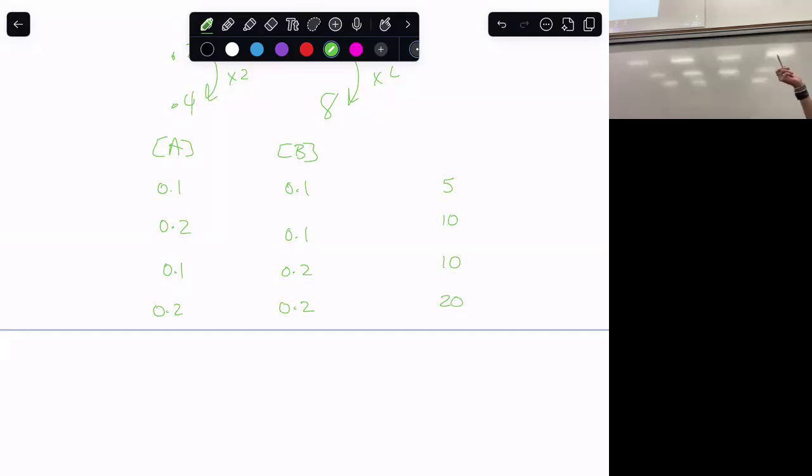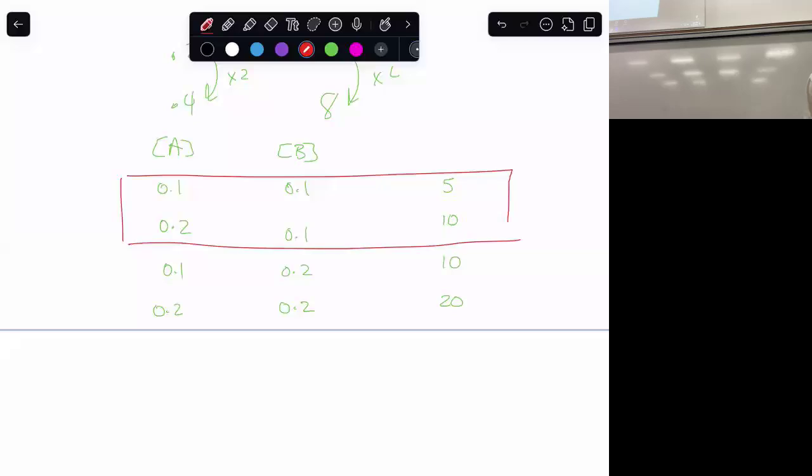So looking at it this way, in our first two trials we have B staying the same and A changing. What happens as we go from 0.1 to 0.2? What is the change there? That's times 2. What about 5 to 10? Times 2, right?